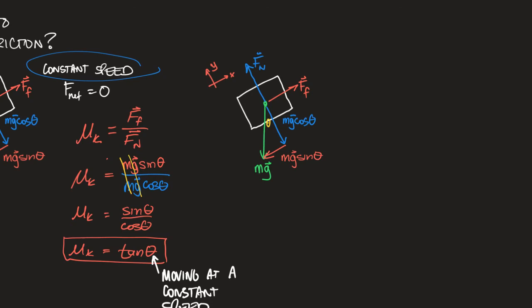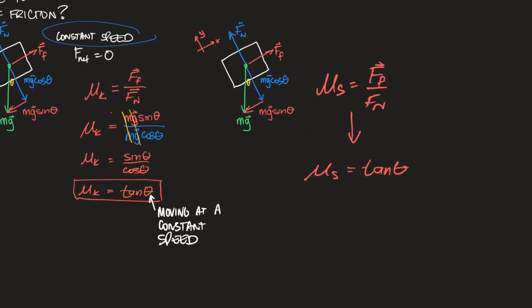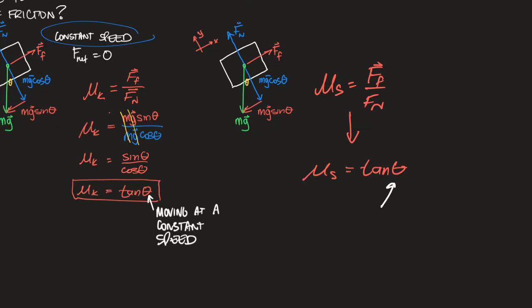All the calculations are exactly the same, right? Because we know mu s is equal to our force of friction over our normal force. And if we do the exact same simplification, we'll get that mu s is equal to tan of theta. But this time, theta is the angle at which the object starts moving.